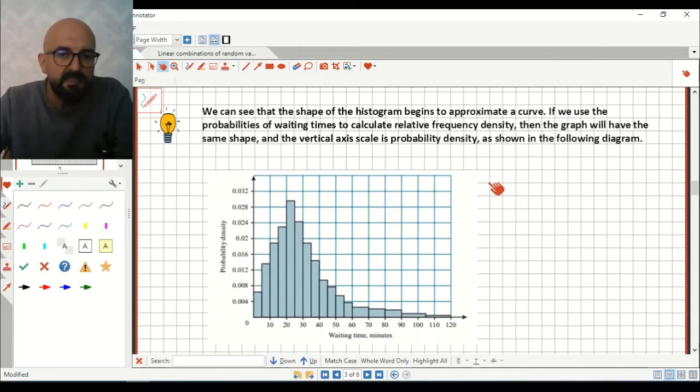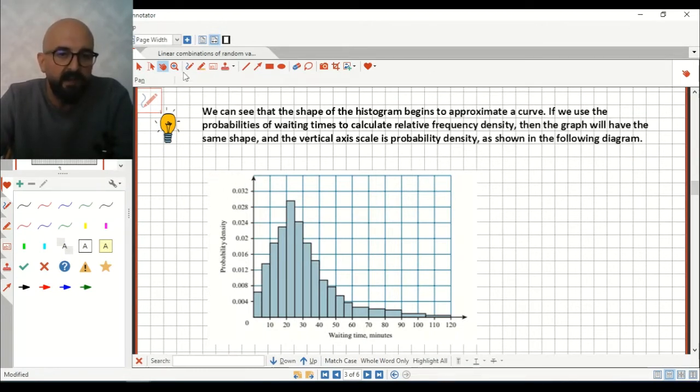We can see that the shape of the histogram begins to approximate a curve. If we use the probabilities of waiting times to calculate relative frequency density, then the graph will have the same shape, and the vertical axis scale is probability density, as shown in the following diagram.